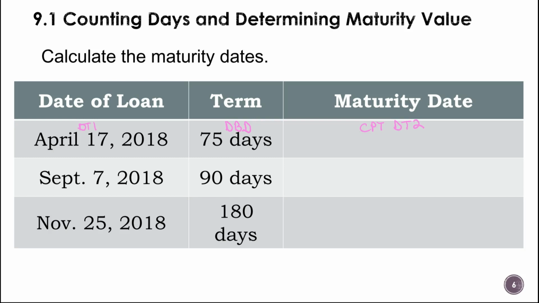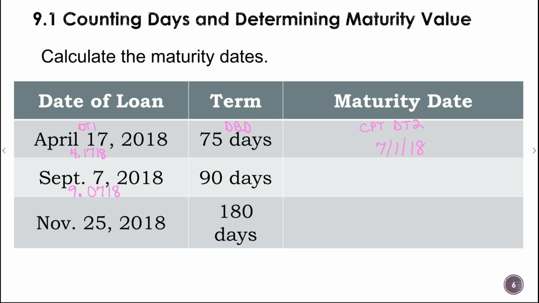All right, so let's put these numbers in. April would be 4.1718. And of course, you know the 75. Whenever you compute DT2, then you find it is 7/1 of 18, which is July. September is the 9th month, so it's going to be 9.0718.